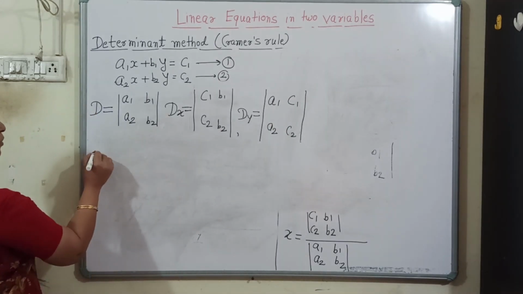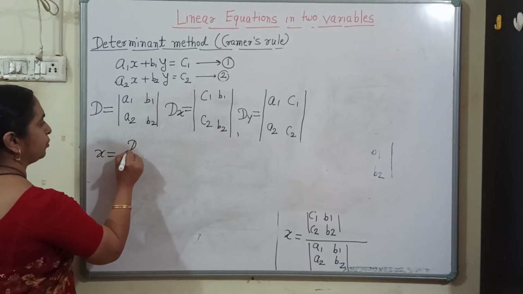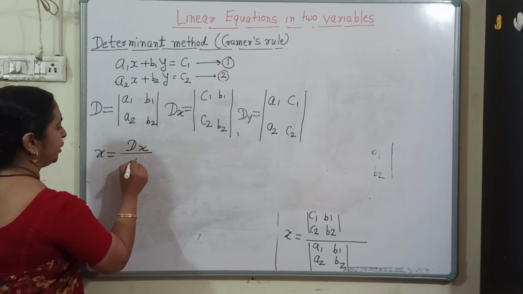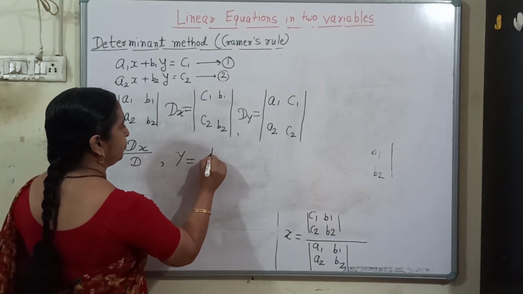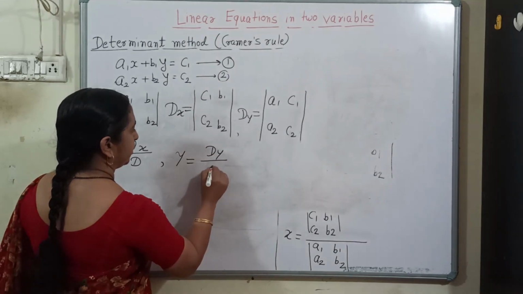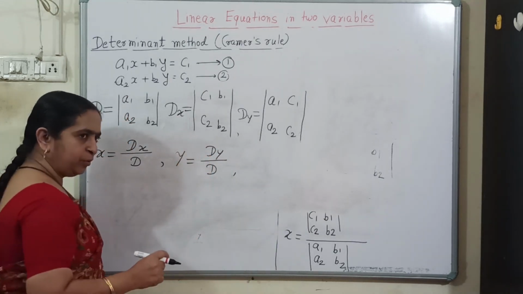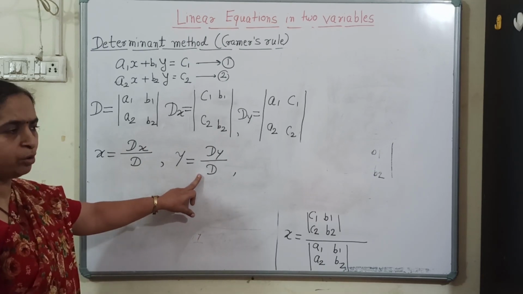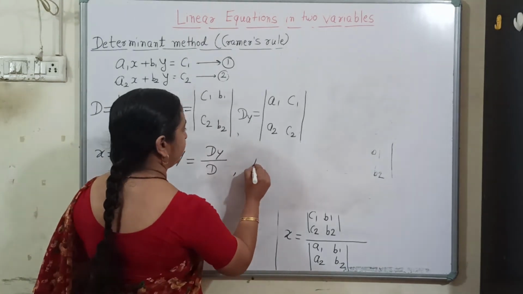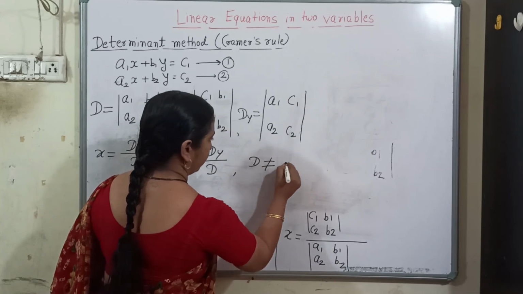And then we write x is equal to dx upon D, y is equal to dy upon D. And we know that when we take division, denominator should not be equal to 0. Therefore, D is not equal to 0.